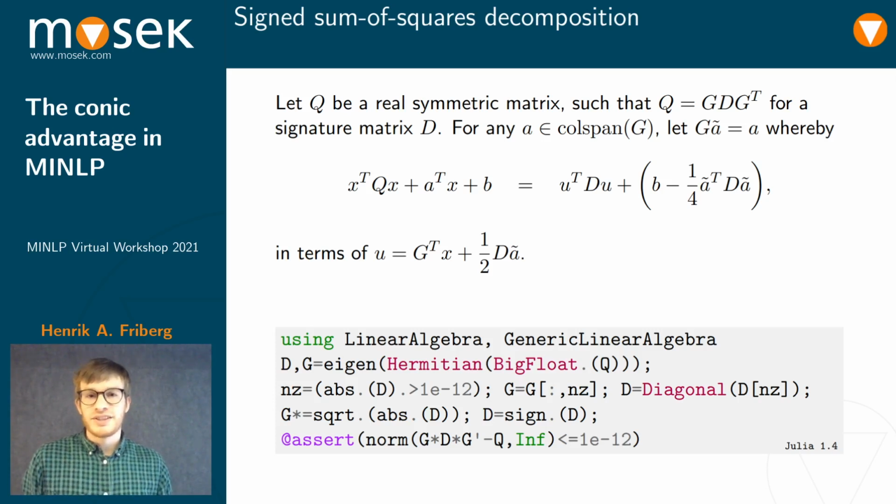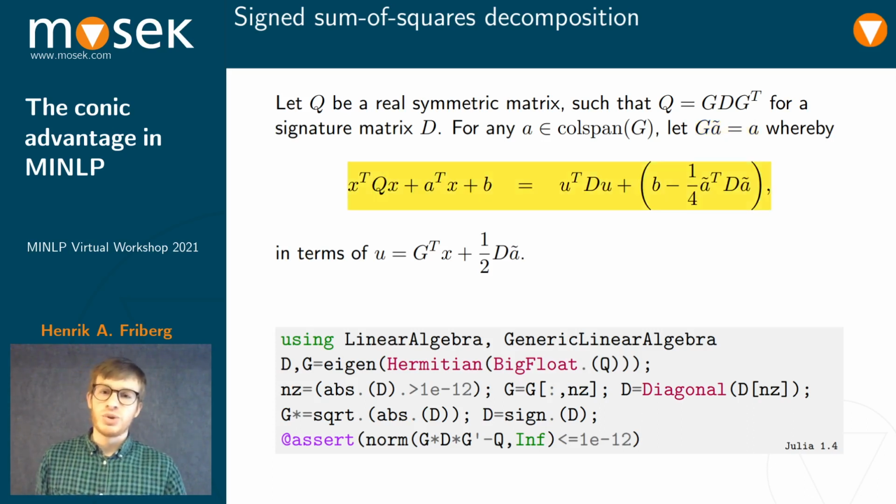The result is that for any vector a in the column span of G, you can find column weights a tilde to generate this vector a, and rewrite the general quadratic form on the left as the signed sum of squares on the right.